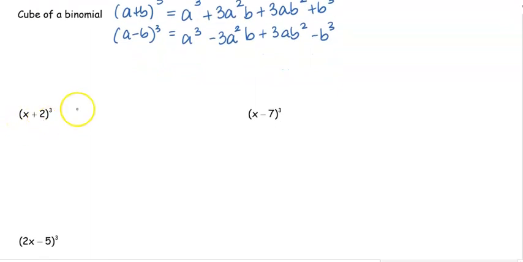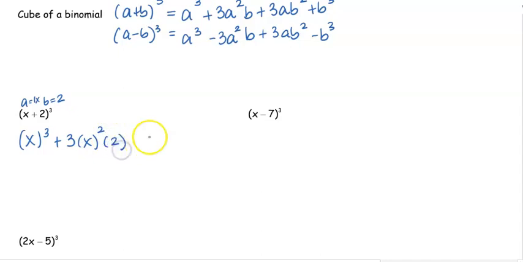So if I have x plus 2 quantity cubed, my a is x, my b is 2. So that is your a cubed plus 3 times a squared times b plus 3 times a times b squared plus b cubed.